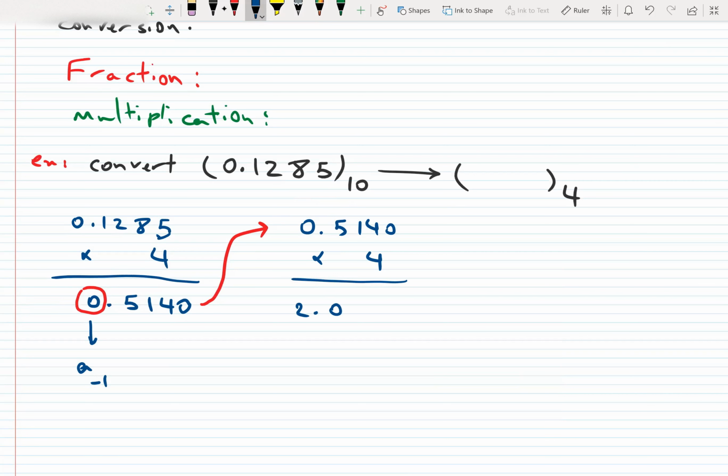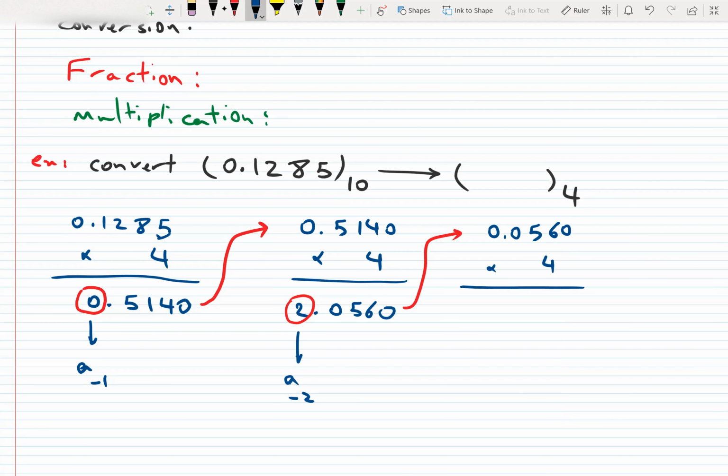Again, we ignore the 2 for the next multiplication and consider 2 as the next coefficient, and we continue with 0.0560 times 4.